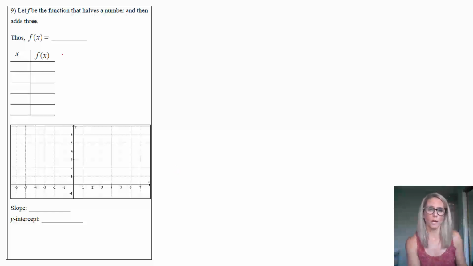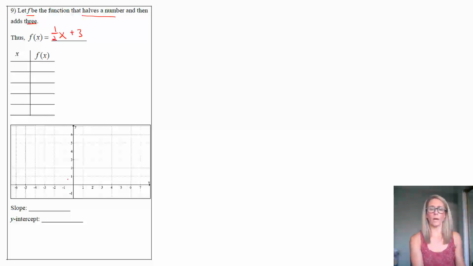And then the last question that takes you back is thinking about a function that takes a number and takes it in half and then adds 3 to it. So we have a number, our number is x here, that's the variable, and we halve it, so we multiply it by 1/2 or 0.5, or we divide it by 2, however you want to call that, and then we add 3.